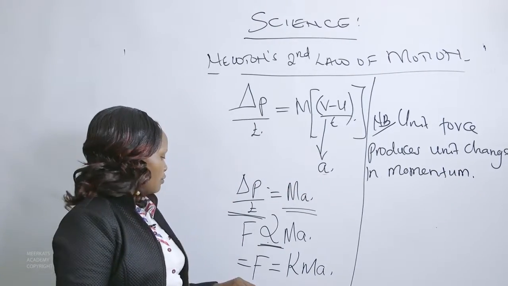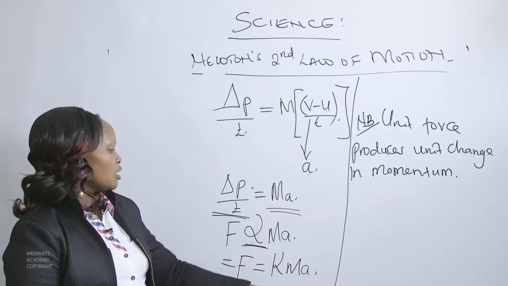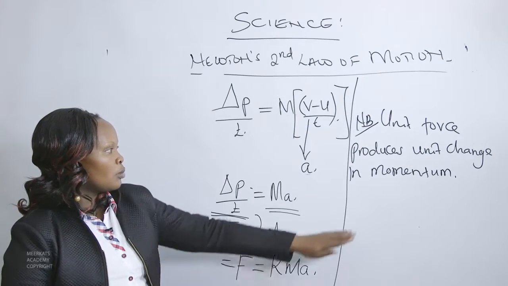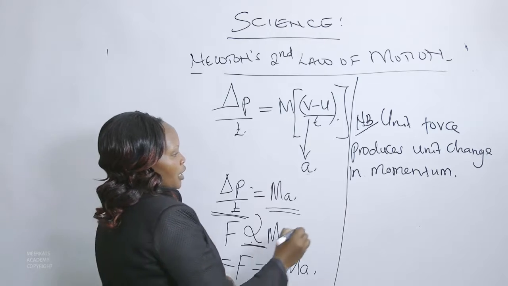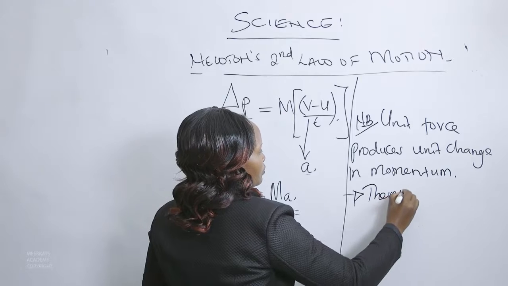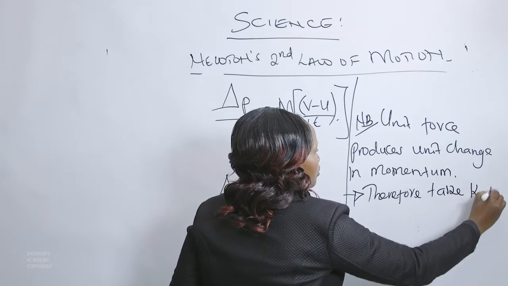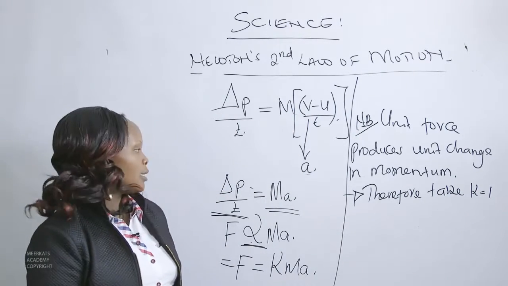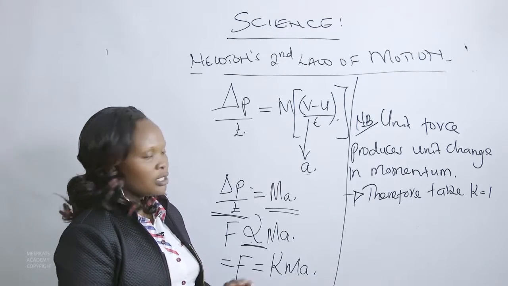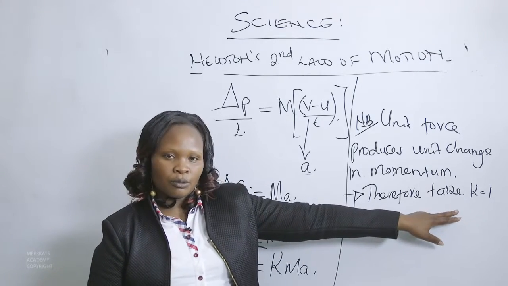That unit force, a force of say 1 Newton, you expected to change our momentum by 1 unit. Therefore, with that in mind, we can take our k to be equal to 1. Now that we are saying that a unit force produces unit change, therefore we can take our constant to be 1.